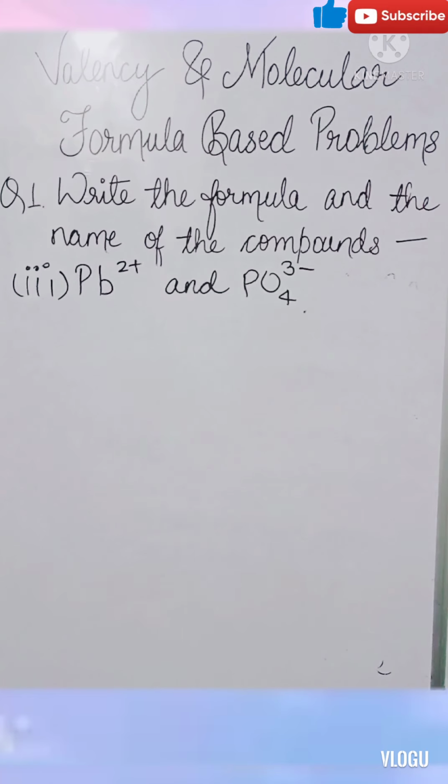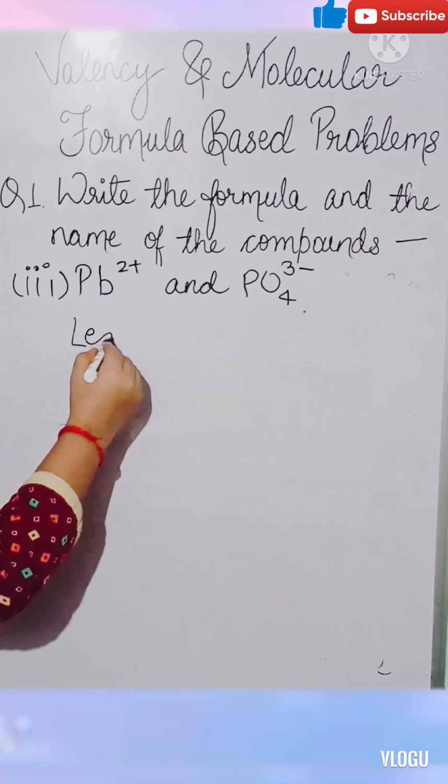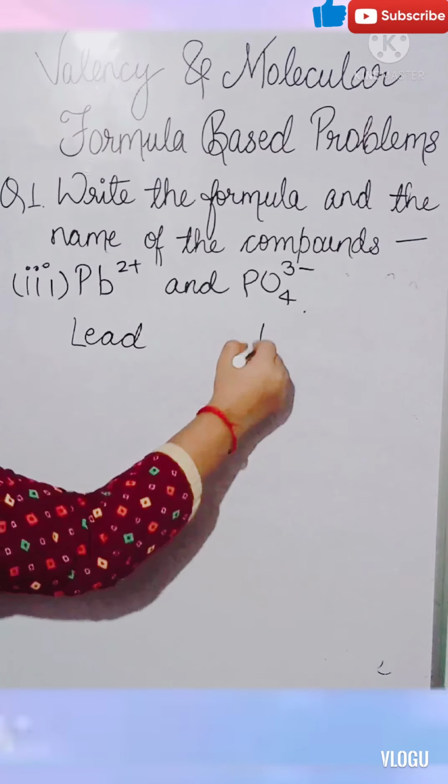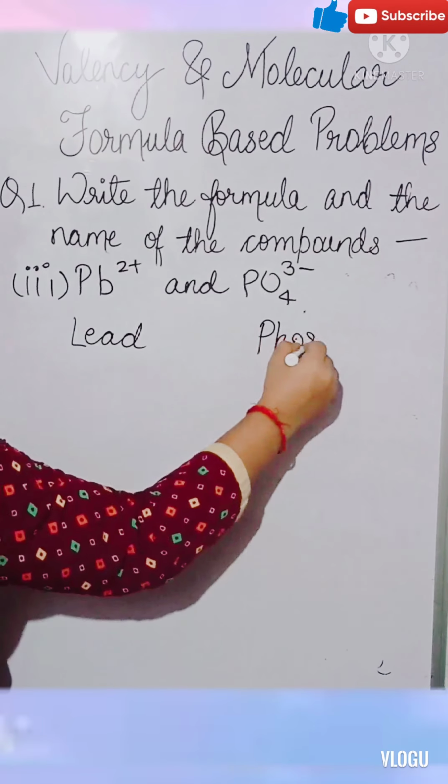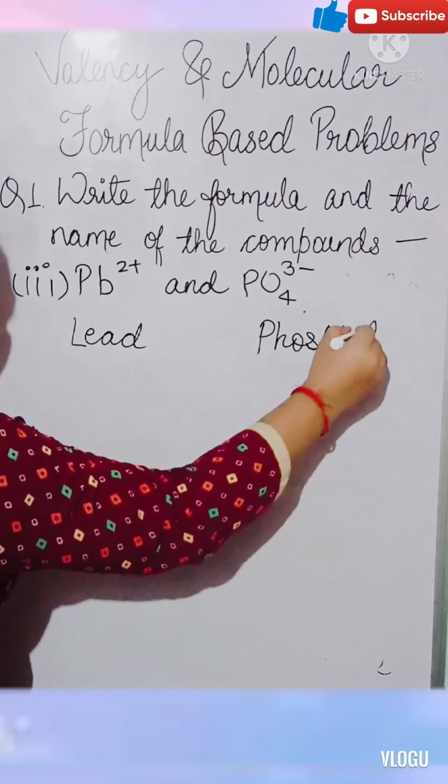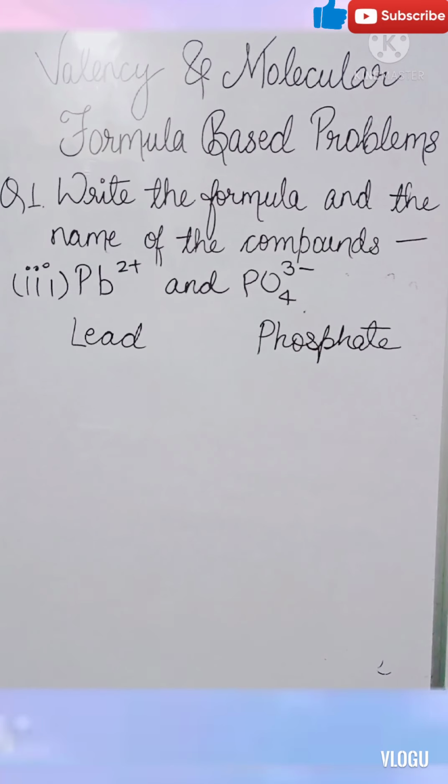Pb here denotes lead and PO4 denotes here phosphate ion. The charges written over there are actually the valencies.